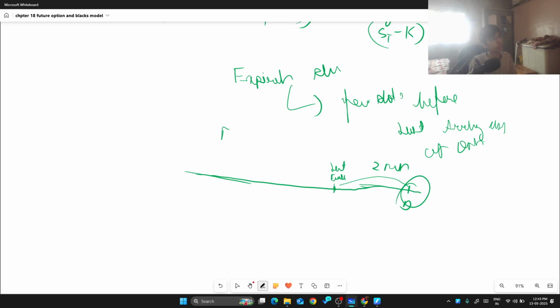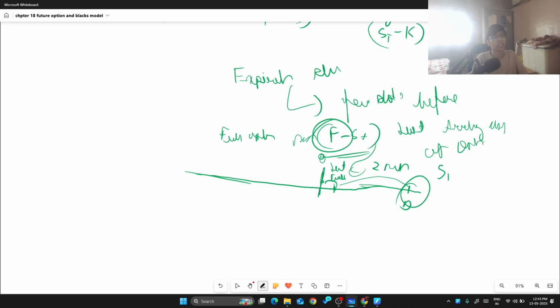So the futures option would expire a few days before that, and at this point the value of the futures contract F minus K would give the maximum payoff, and then they enter into the contract, and at delivery the final payoff would be ST minus F. So there would be two payoffs plus a cash amount.